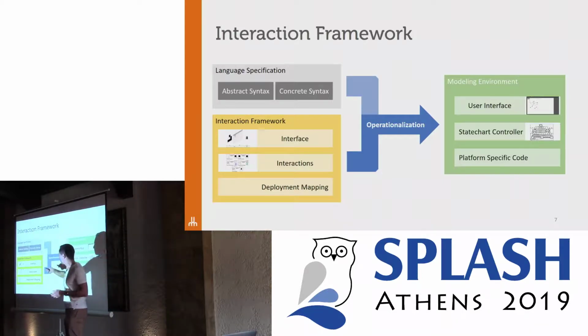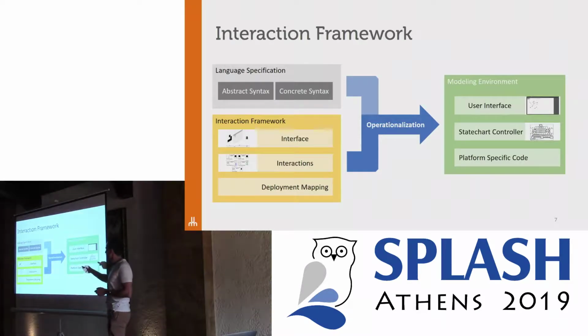Here we have a language to define the user interface, a model to define the interactions you're allowed to do with that editor, and, to be able to deploy on multiple platforms, some deployment mapping. That's what we call the operationalization process of this definition. We generate a modeling environment with a specific user interface defined properly for it.